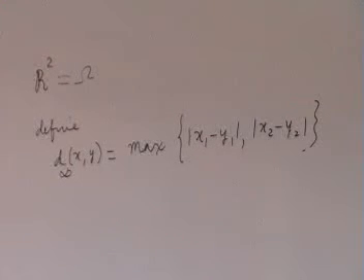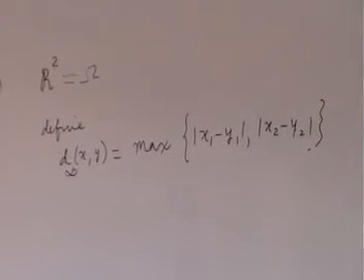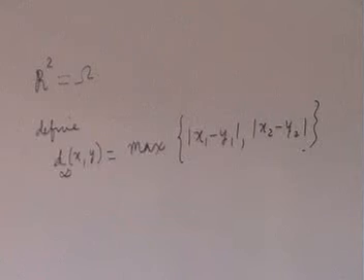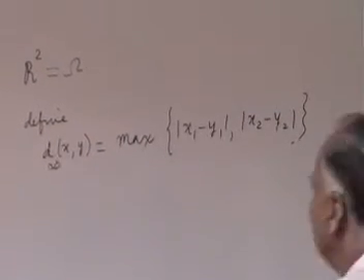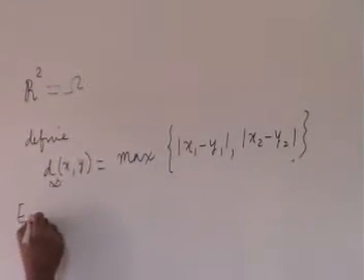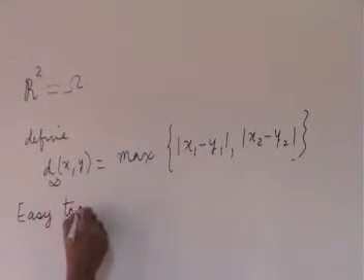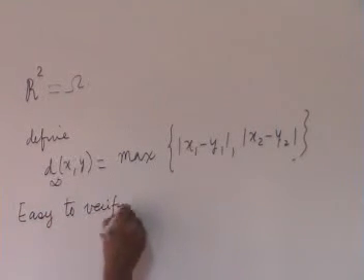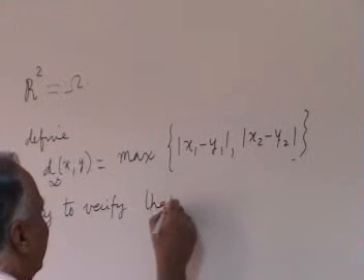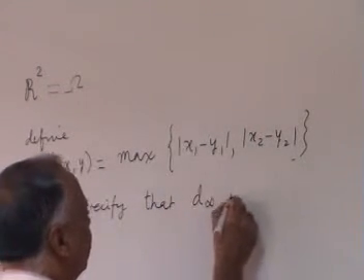If the maximum is 0, each one of them is 0. So x1 is y1, x2 is y2, the 2 points are the same. And then the triangle inequality follows from the triangle inequality for absolute values, easy. So this is a distance, easy to verify. Easy to verify always means I am lazy to verify. Easy to verify that d infinity is a distance.